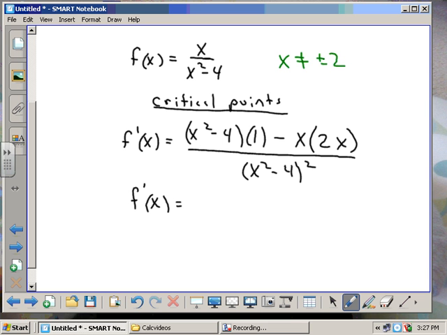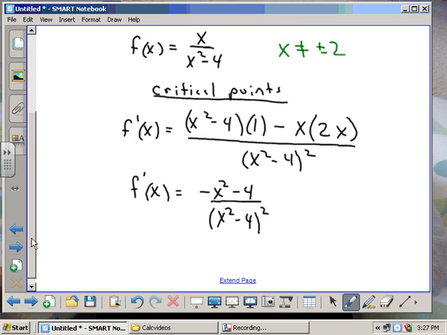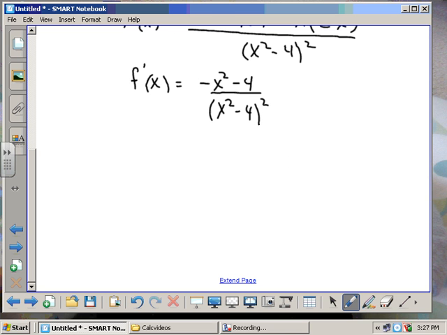So f prime of x is going to equal negative x squared minus 4 all over x squared minus 4 quantity squared. Let's now set this rational function equal to 0. Begin solving.